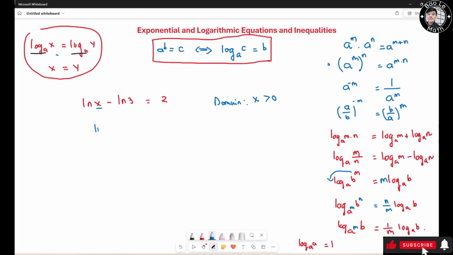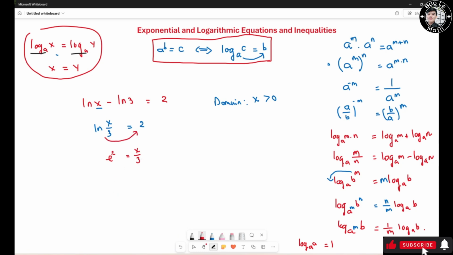So it can be natural log of s over 3 equals 2. So then I'm going to use the formula right here, a raised to the b equals c. So this one is actually log base e. So I have e squared equals s over 3.